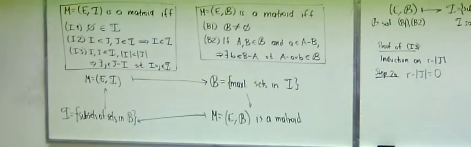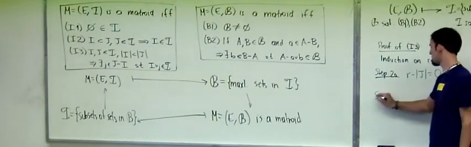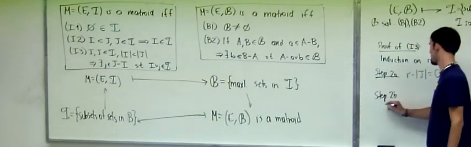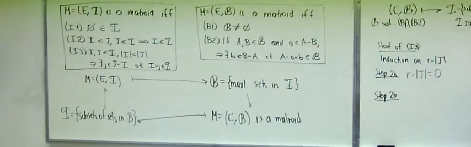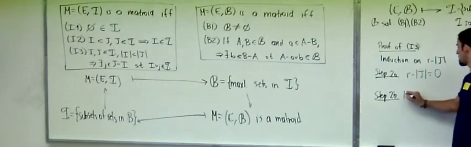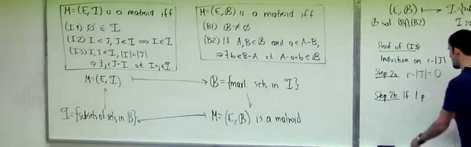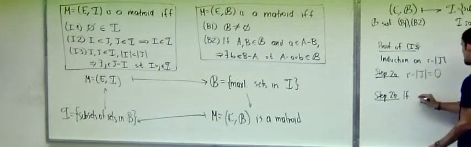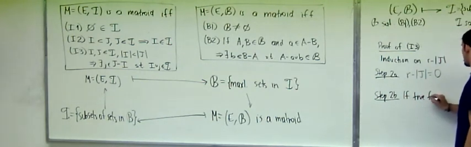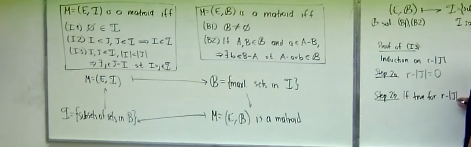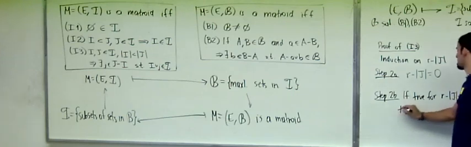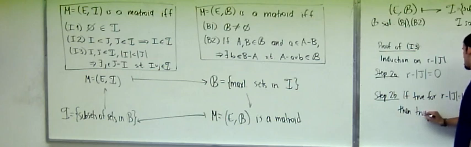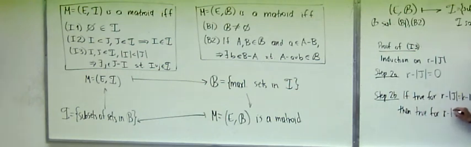Okay? And we were in the middle of step 2b. We hadn't started step 2b, which was the inductive step. It said, if I prove it for r minus j equals k minus 1, then it's true for r minus j equals k.